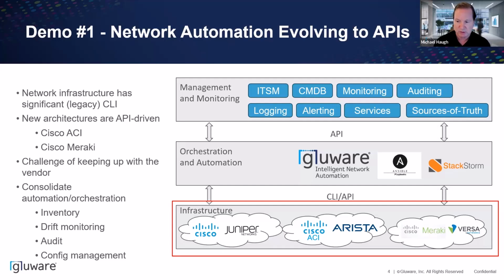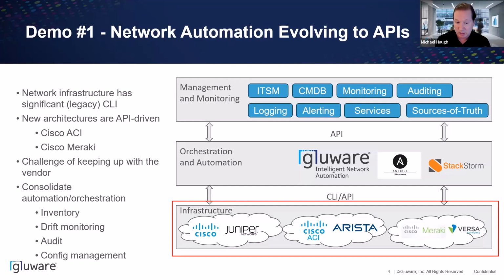Many of these vendors are still CLI-based, but quite a few of them are now API-based. Onboarding or interacting with an API is not really a one-process, one-size-fits-all. In the case of Gluware, when we automate the infrastructure layer, we onboard these APIs in a tight integration. We actually spend weeks to months developing these integrations, and we tightly integrate them with our application suite.